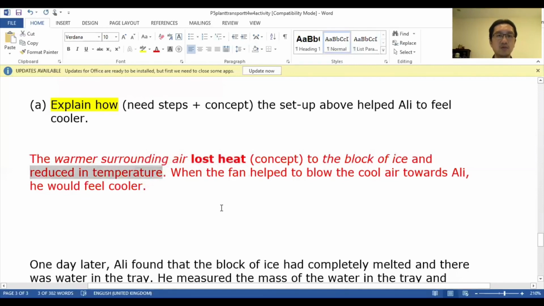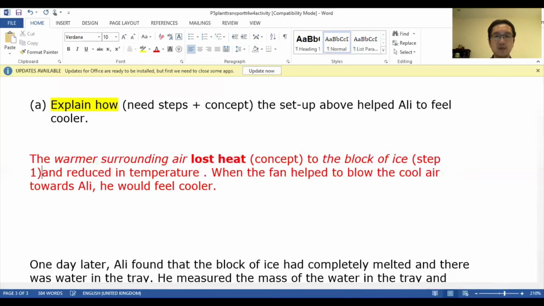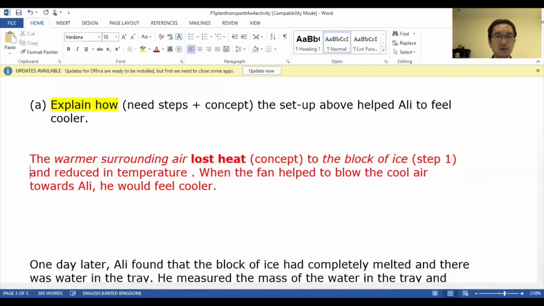So here, the concept is lost heat, but the steps would be warmer surrounding air losing heat to the block of ice and reducing in temperature. Step number 1 is the warmer surrounding air losing heat to the block of ice.